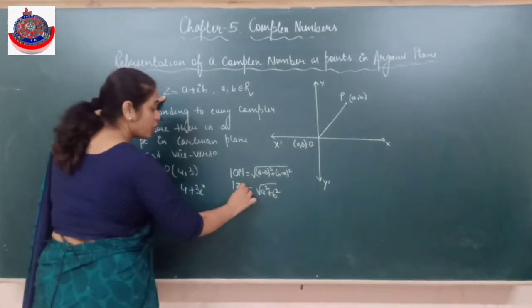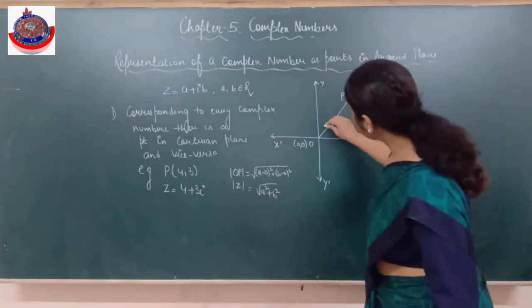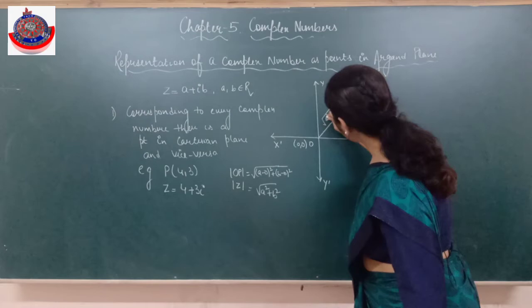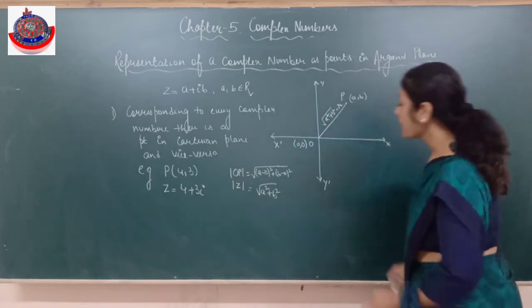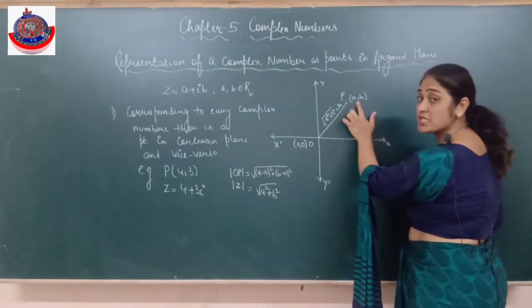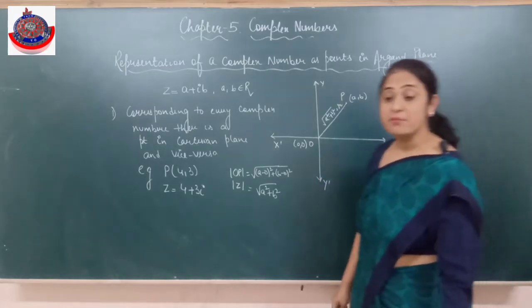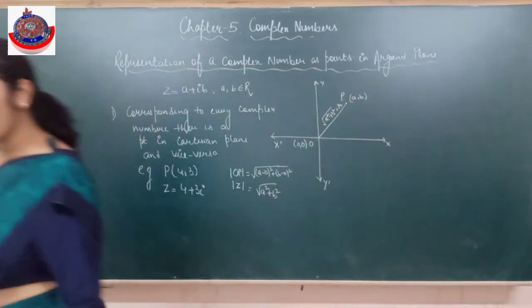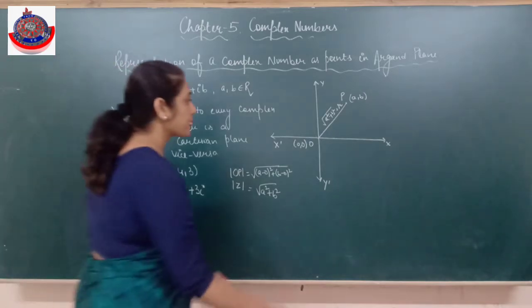Modulus. That means this OP is the modulus of the complex number. We represent it by R, that will be used in the polar form. This is the modulus of the complex number which is associated with the point AB. Is it clear?